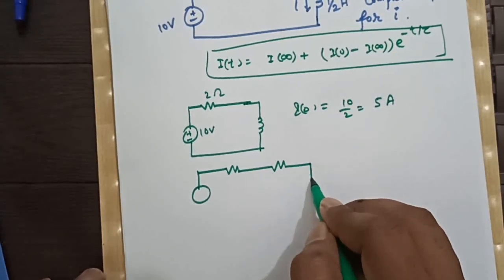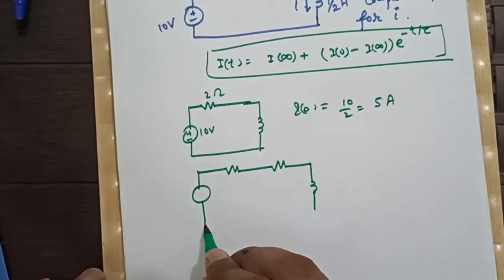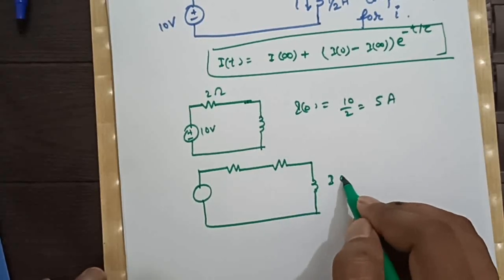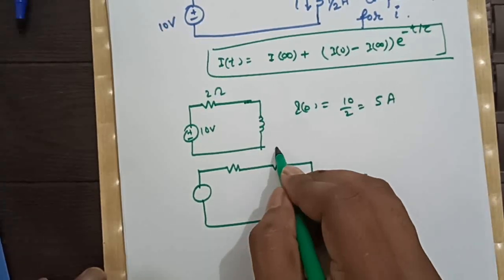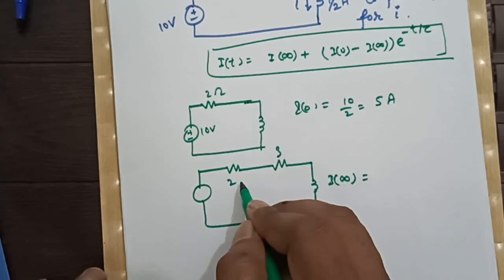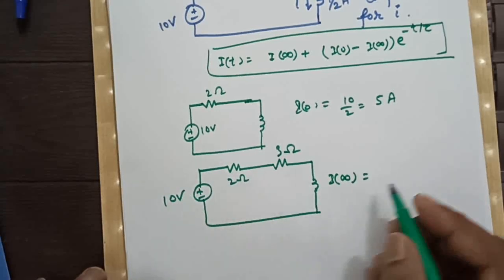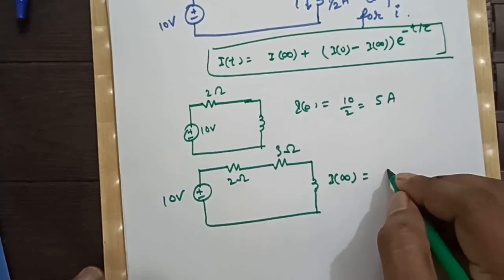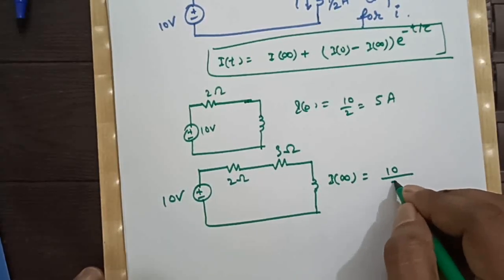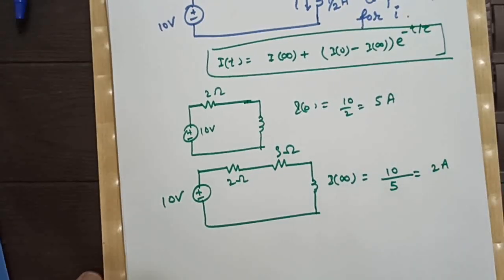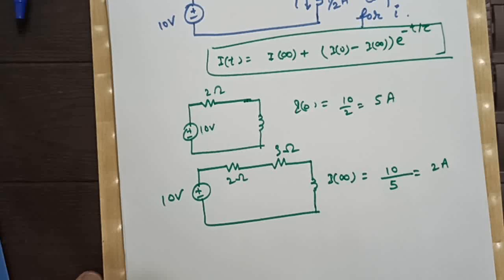So this 3 ohm, this is inductor and this is our I infinity. This is 3 ohm, this is 2 ohm, this is plus or minus 10 volt. So I infinity will be what? 10 volts divided by 5 ohm means 2 ampere, isn't it?